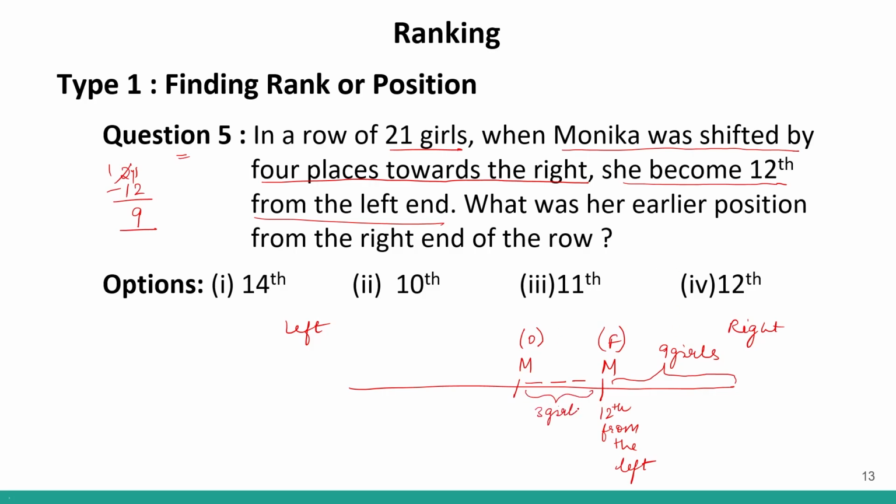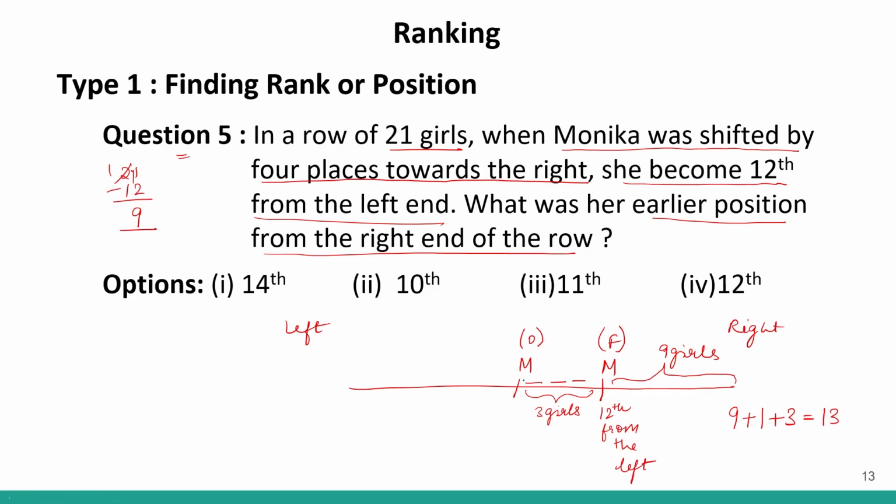Now, what does the question ask? We should answer what was her earlier position from the right end of the row. So from the right end, we have 9, plus 1 position for the final position of Monica, then we have 3 positions. So basically, this is 13. Up till here, let me use a different pen.